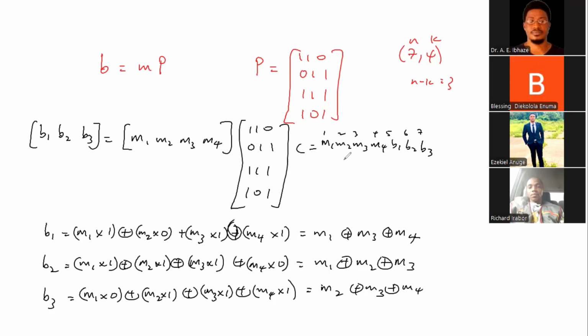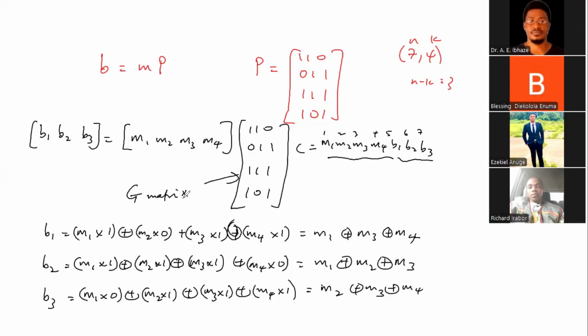Where we have the message bits and the parity bits. Now, how are we able to generate these code words? Don't forget, we got this from the generator matrix, right? So you can design your system based on your generator polynomial.